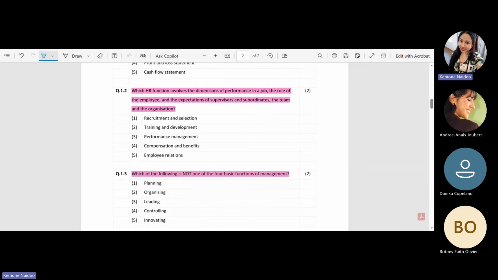Which HR function involves the dimensions of performance in a job? So the role, the employee, the expectations of supervisors, the team, and the organization. So which HR function involves looking at performance, basically? I think this one's a little easy. Anyone want to try?